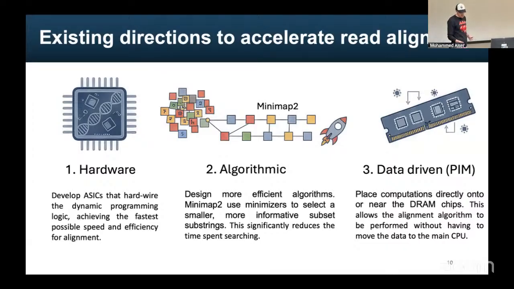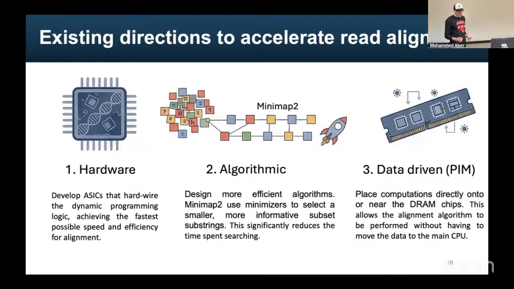And then the second direction is the algorithmic direction. There is still a lot of room for developing new algorithms for read alignment. For example, there is this tool Minimap. It uses minimizers. It selects more informative substrings, which algorithmically reduces the time spent searching.